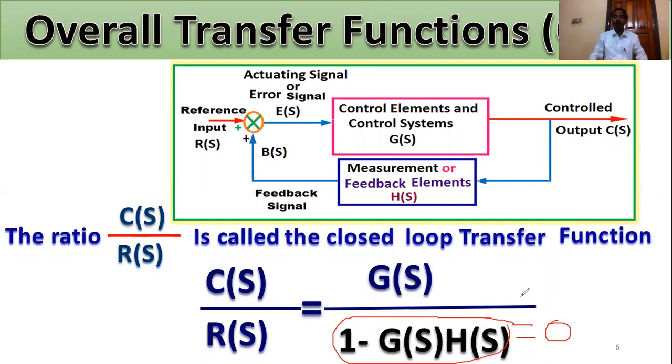If all the poles and zeros are on the left hand side of the S plane, then the system will be stable. So this is also very important for positive feedback closed loop systems. The overall transfer function C of S by R of S equals G of S by 1 minus G of S into H of S.